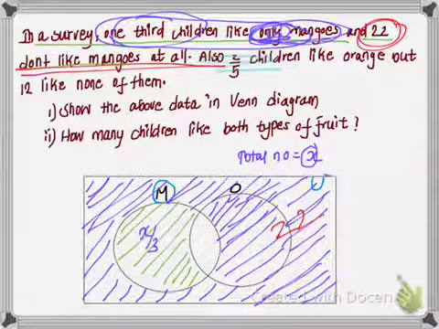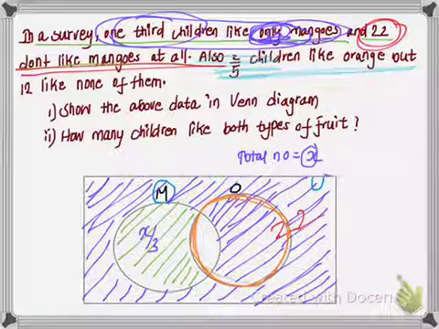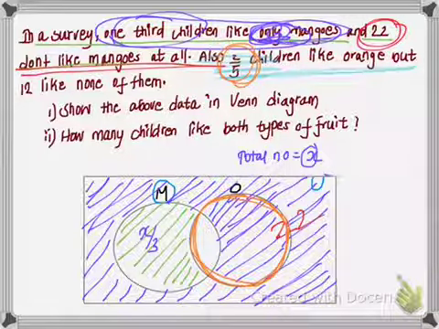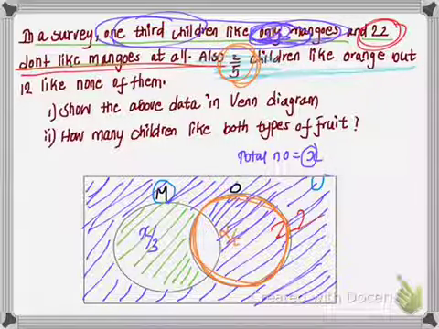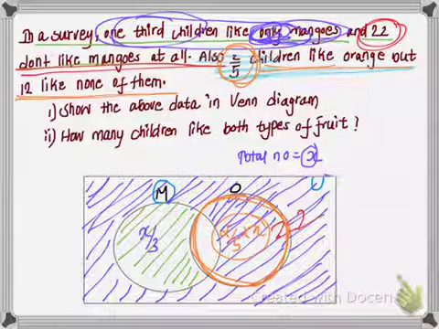Also, we've been given that 2/5 of children like orange. So 2/5 of children like orange. So the circle for orange is this. This is the circle that represents the number of students who like orange. So 2/5 of the total children, which means 2/5 of X children like orange, but 12 like none of them.